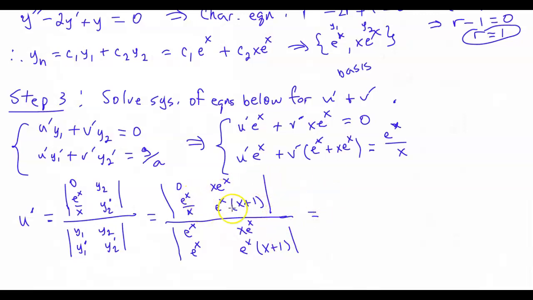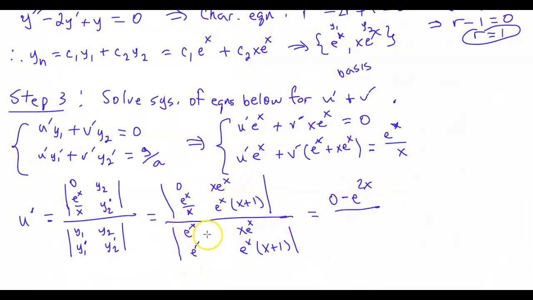All right, and so here we just take the determinant, and of course to do that, this will be 0 times e to the x times x plus 1, and that's just going to be 0 minus the product of these two. So if I multiply e raised to the x divided by x times e raised to the x, these two x's reduce to 1, and I just have e to the x times itself, which ends up being e to the 2x.